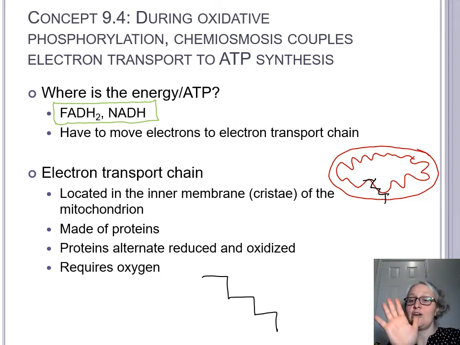Oh, I'm oxidized. Oh, but then I gained an electron, I'm reduced. Oh, but I lost it. And this is what's going to keep going on over and over. You're reduced, oxidized. This process absolutely requires oxygen because oxygen is that final electron acceptor of this electron transport chain.